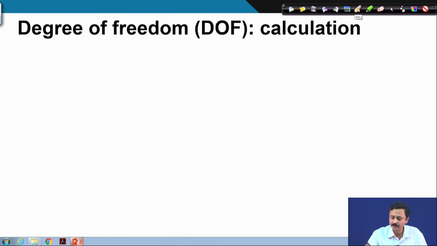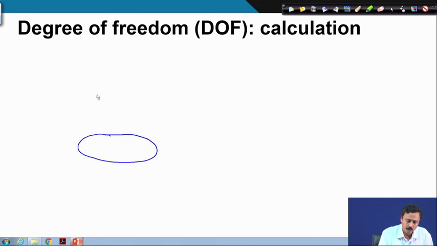Now, let us enlarge this. Consider two bodies which are connected. So, there is a kinematic pair connecting these two rigid bodies.